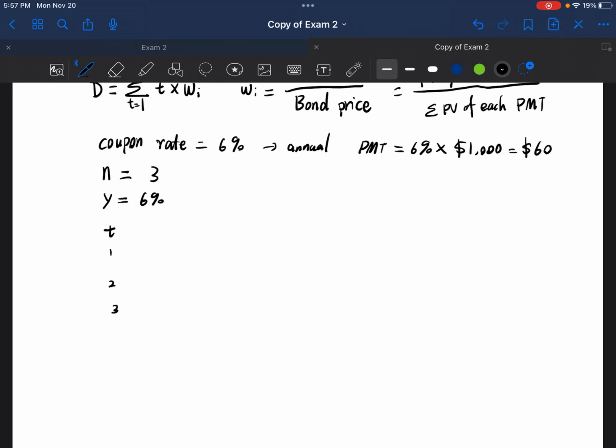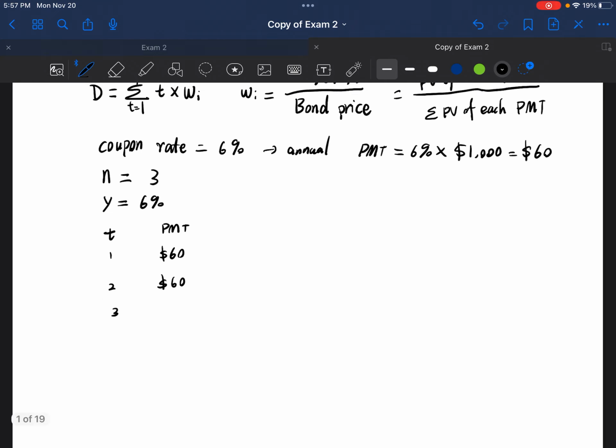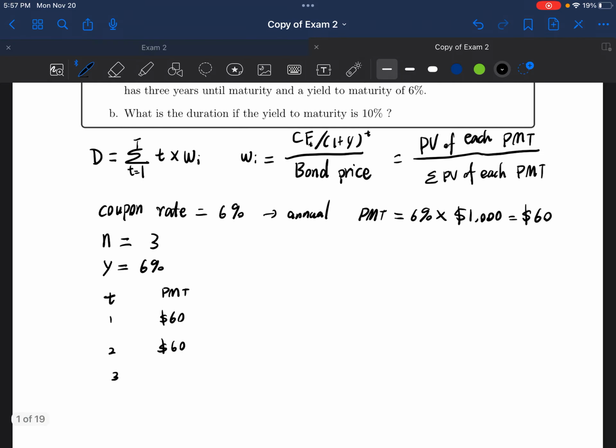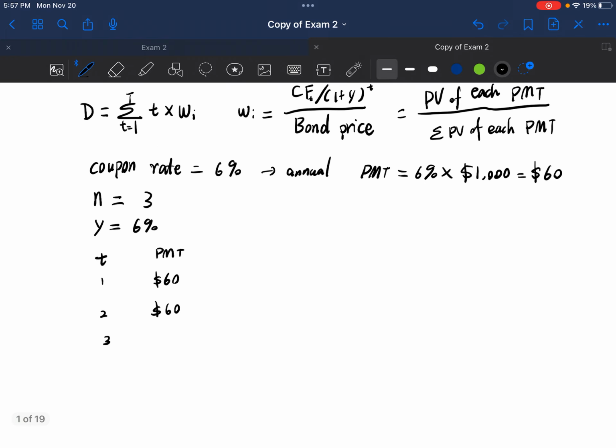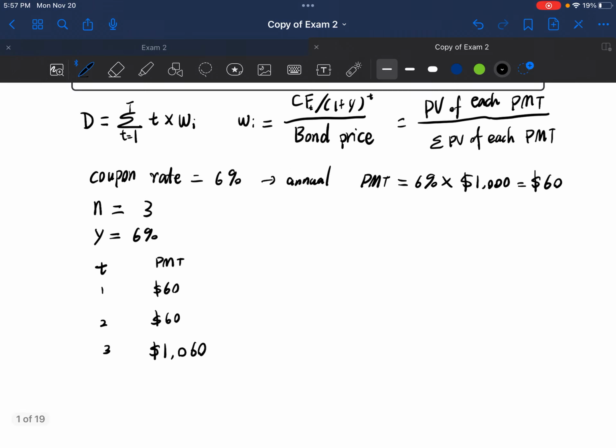So for a 3-year bond, we already know the payment for each year would be $60. But at T3, the end of the maturity, it not only pays you the annual payment, it also pays you the principal, which is $1,000 plus $60, that is $1,060.